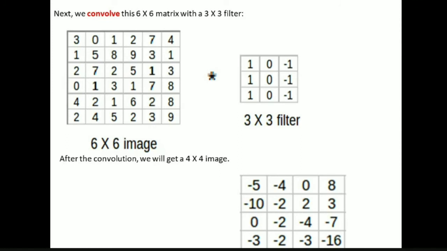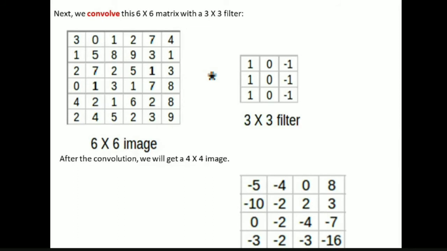Now we introduce another concept called filter. I'll tell you why this filter is used and what else it is called. Say this is our original image. Now we will convolve this 6 by 6 matrix with a 3 by 3 filter.